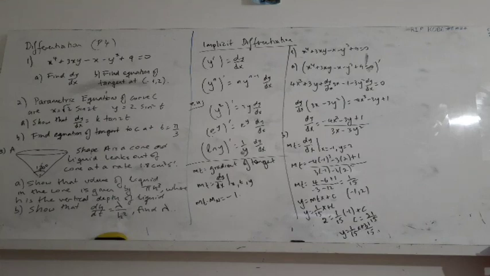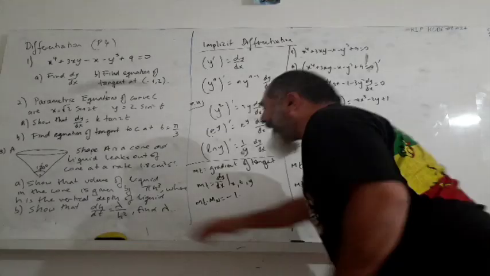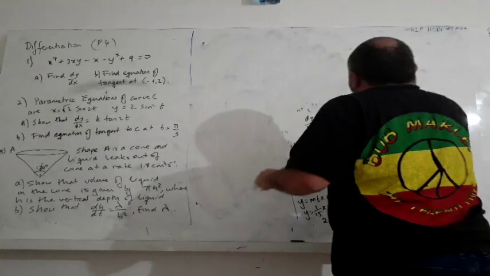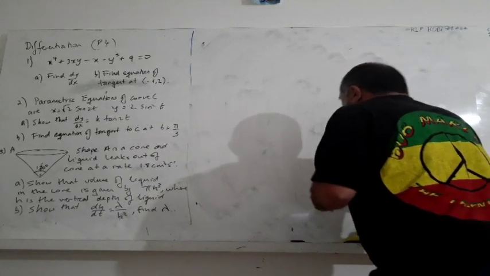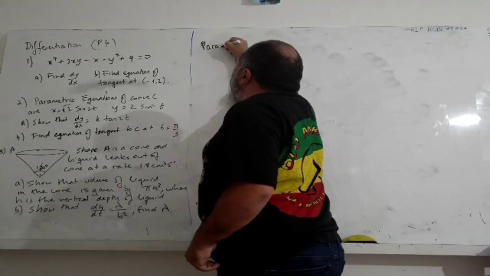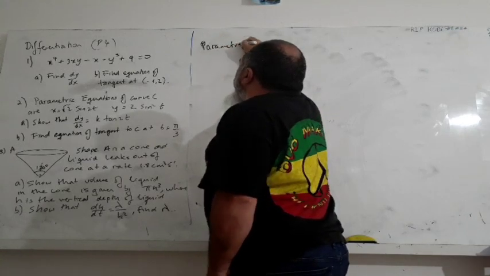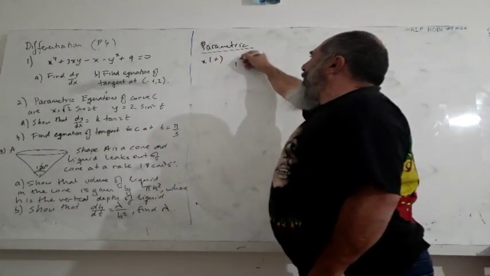Yes, let's carry on with question 2, but before that, let me remind you of the differentiation of parametric equations. Parametric equations are when x is in terms of t and y is also in terms of t.